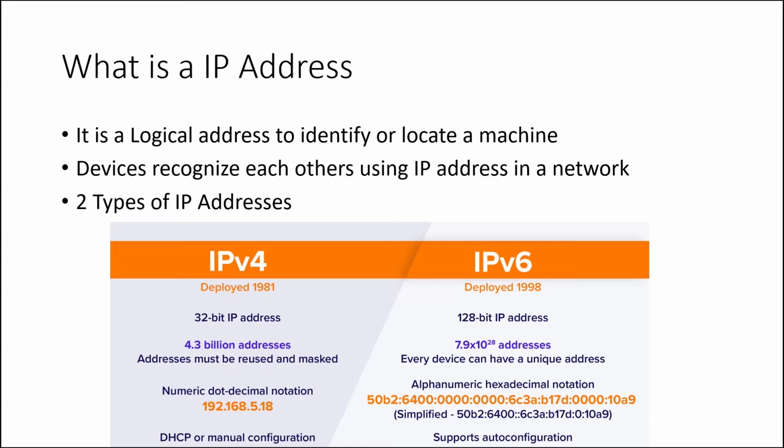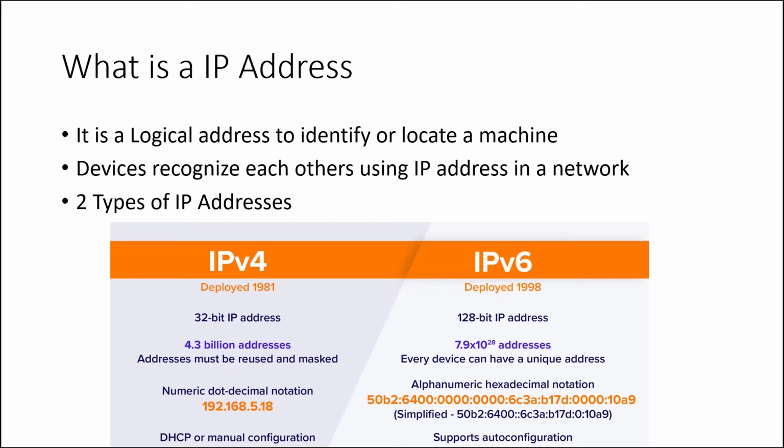But you know guys, a 32-bit address is very difficult for a human to read. So there is another representation; we call it dotted decimal notation. We convert each 8-bit part into a decimal number, and then we represent it as dotted decimal notation.